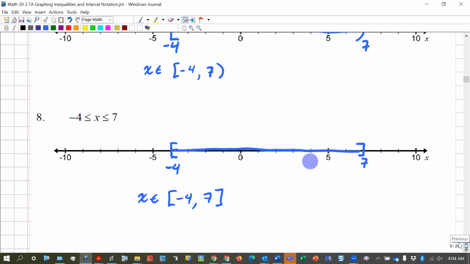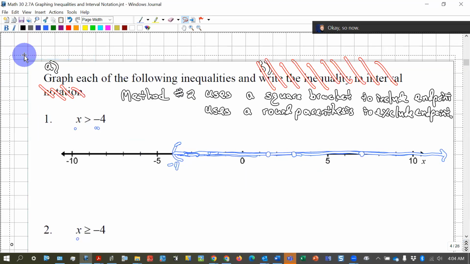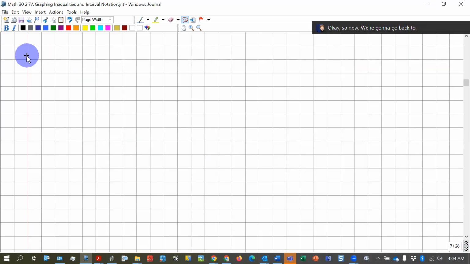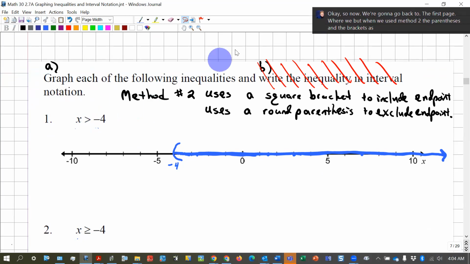Okay, so now we're going to go back to the first page, where we used method 2, the parentheses and the brackets, as opposed to the open circles and the closed circles.